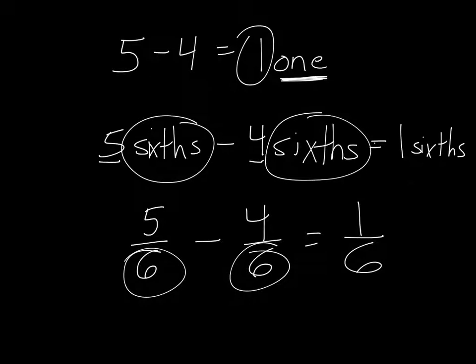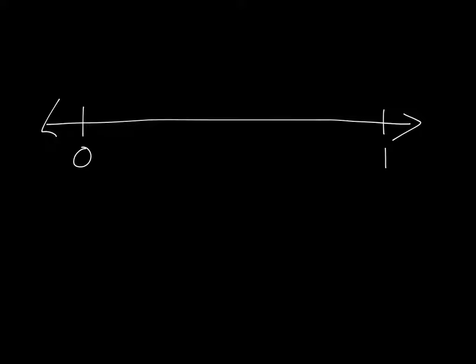We could even place those two units on a number line. So if we start with 0 and 1 whole, and I'm going to break this up by 6, this is where 1/6 would be, and this is where 5/6 would be.